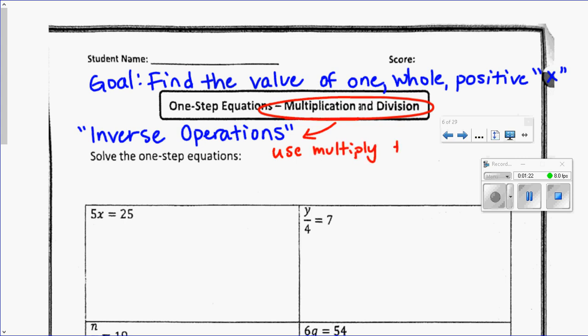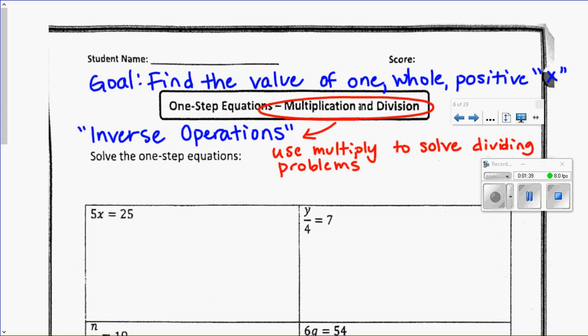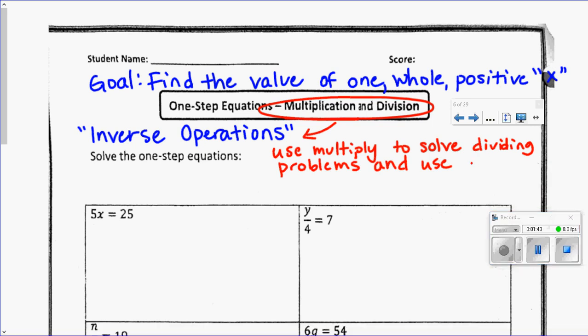Use multiply to solve dividing problems. And use division to solve multiplication problems.